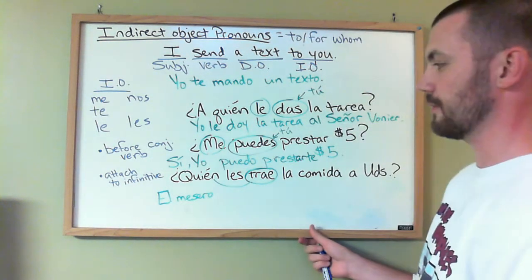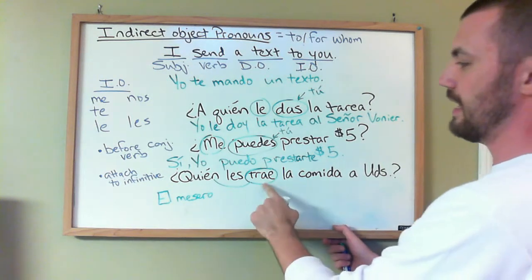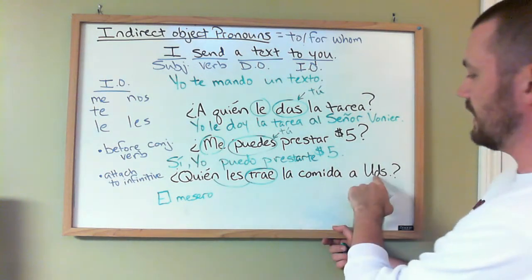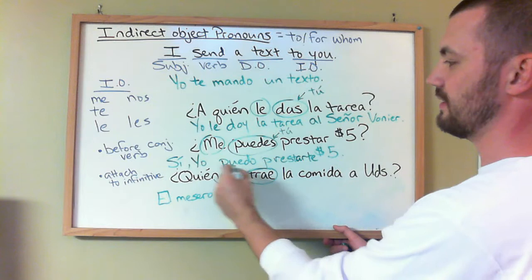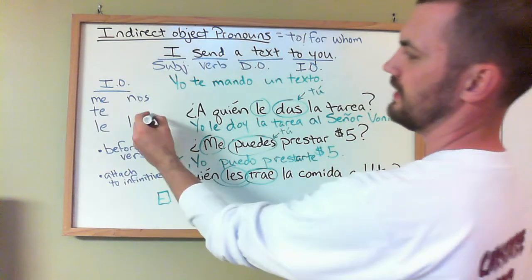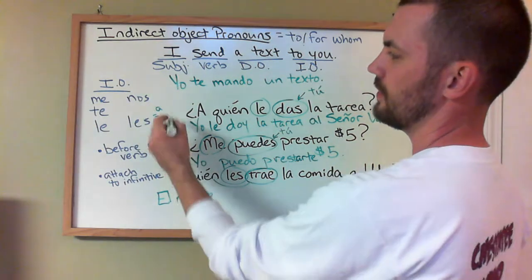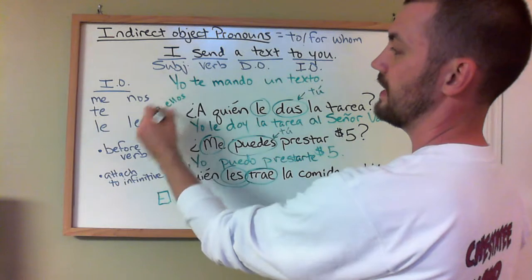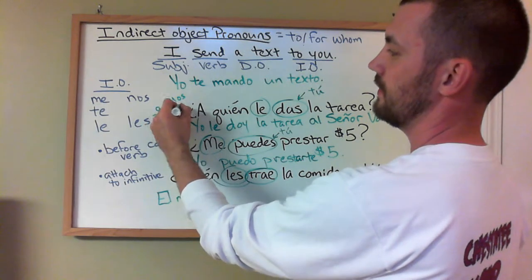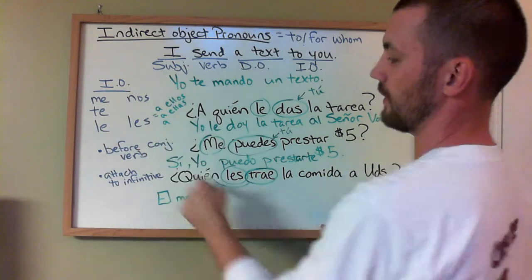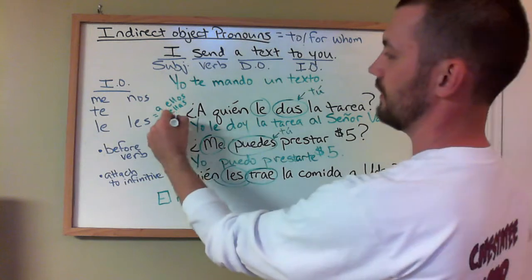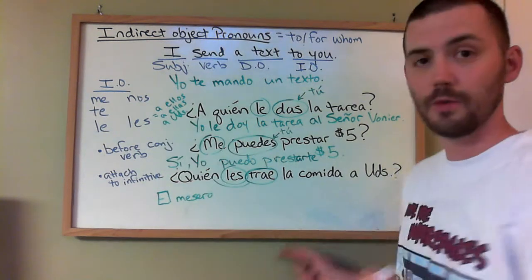Let's look at the indirect object. We've got les, which in this case, remember, could be to them, a ellos, a ellas, or like we see here, a ustedes, which is to you all.